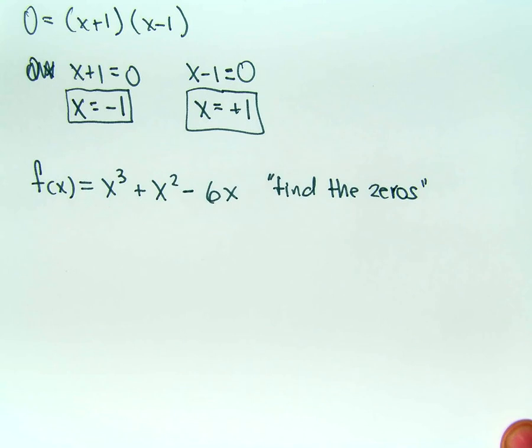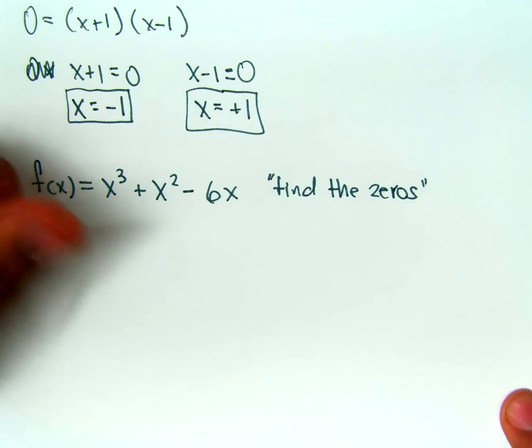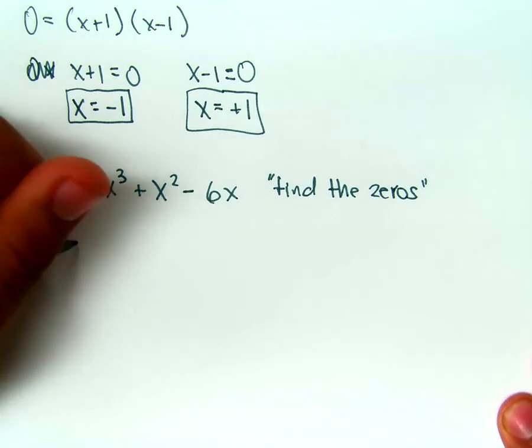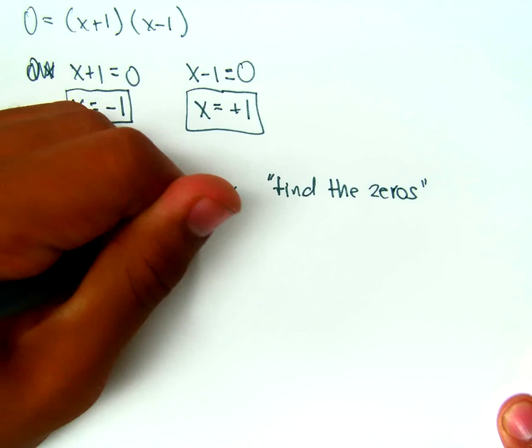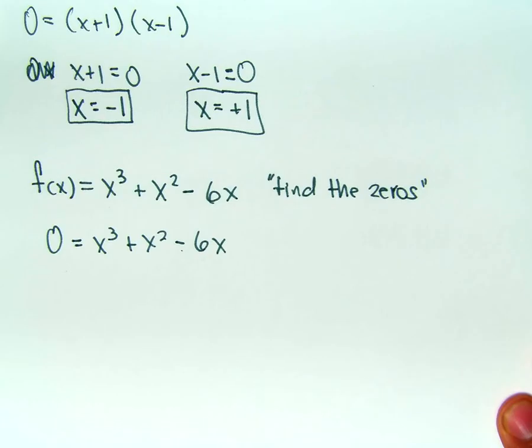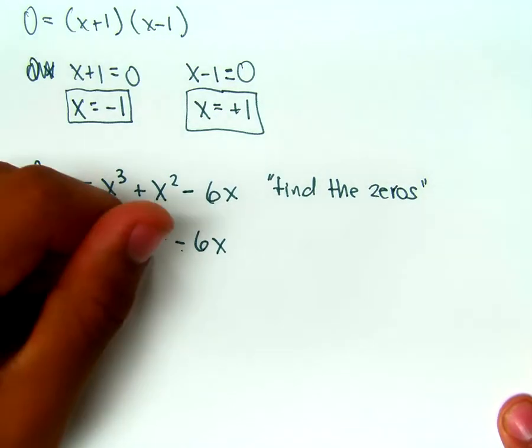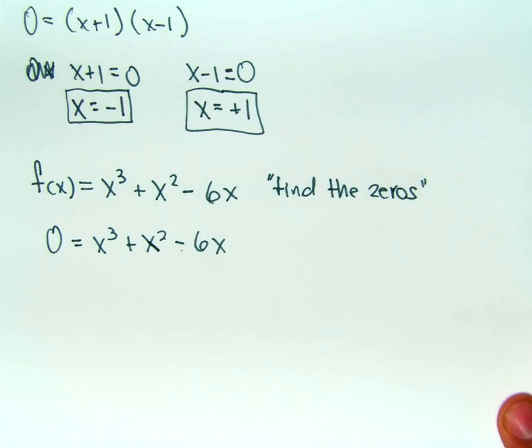Our first step is to set the function equal to 0. So where f of x is, we're going to write 0. So x cubed plus x squared minus 6x is now equal to 0.